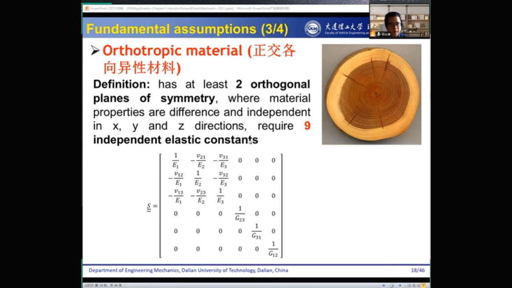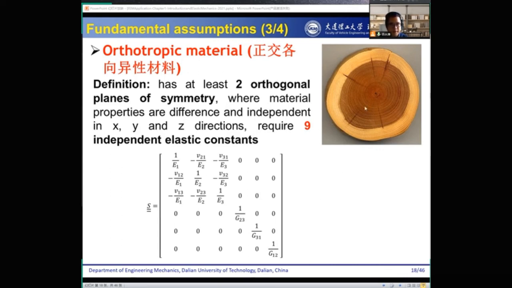Why does it have 9 independent elastic constants? Why does it have two orthogonal planes of symmetry? And why is the stiffness matrix in this form? You have to understand this by yourself after the lecture.